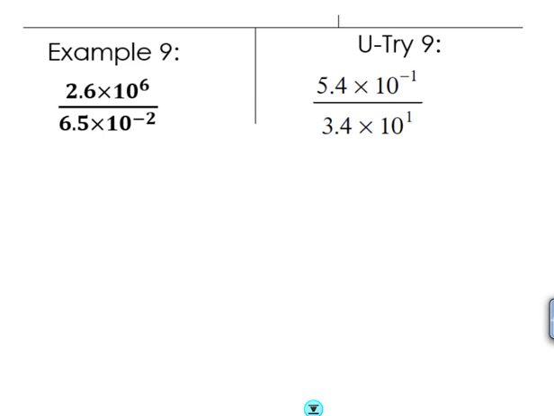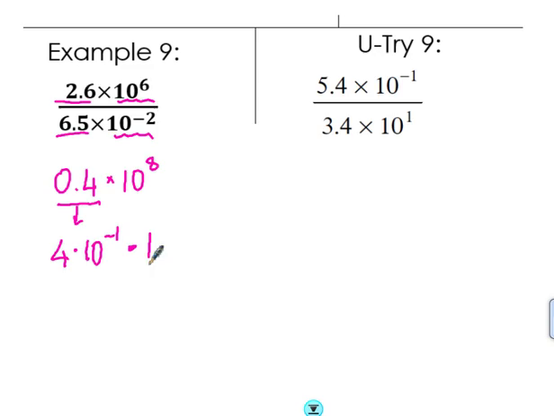My next example, I will divide the coefficients first and then take care of the exponent parts. 2.6 divided by 6.5 is 0.4. And 10 to the 6th power divided by 10 to the negative 2nd power will be 10 to the 8th power. 0.4 is not in scientific notation, and it's a small number, so if I convert it back to scientific notation, we will get 4 times 10 to the negative 1st power, and we already have 10 to the 8th power.